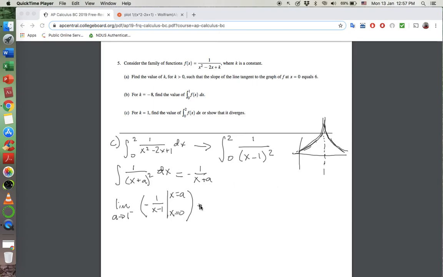And then we're going to add to that the limit as a approaches 1, or moves away from 1, on the right.